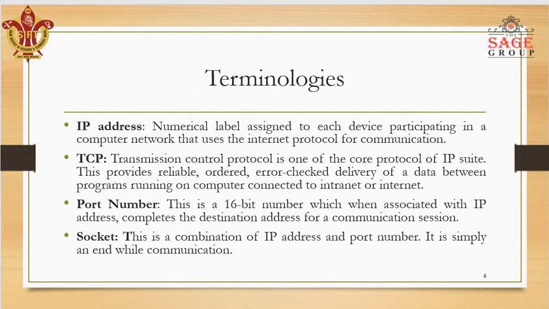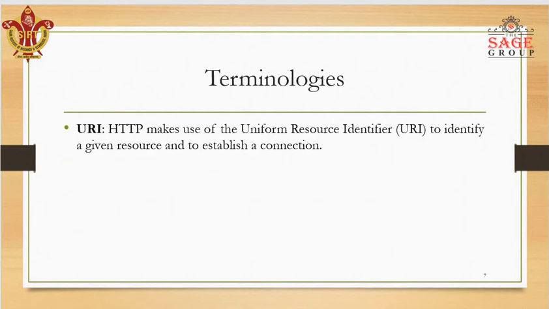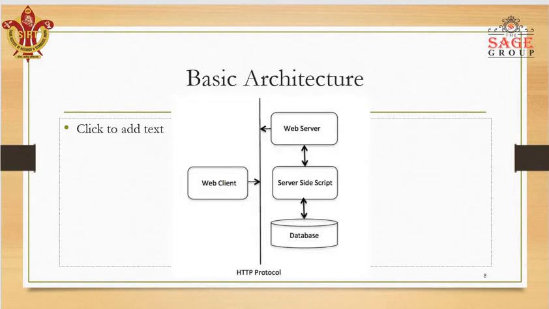Socket is a combination of IP address and port number, and the socket address simply puts an end point while communicating. Next is URI. URI stands for Uniform Resource Identifier. While establishing communication between client and server, a URI identifies a given resource over the network.